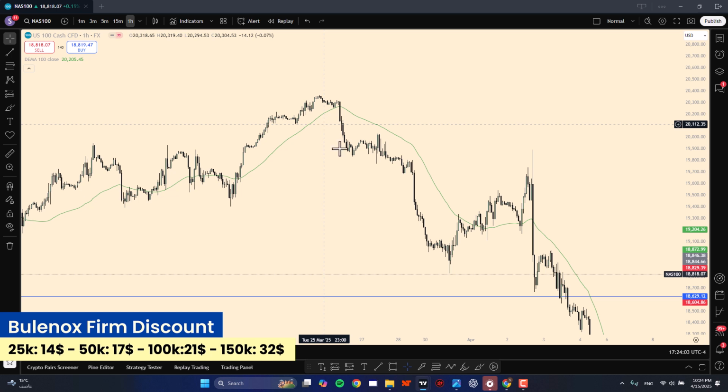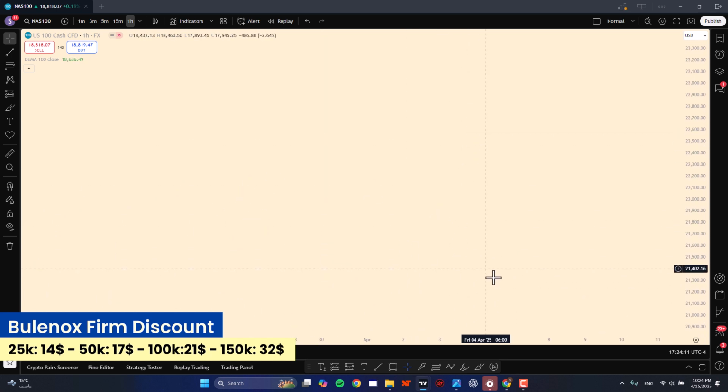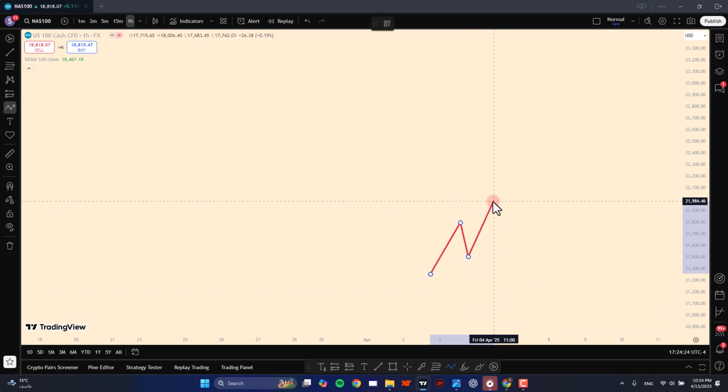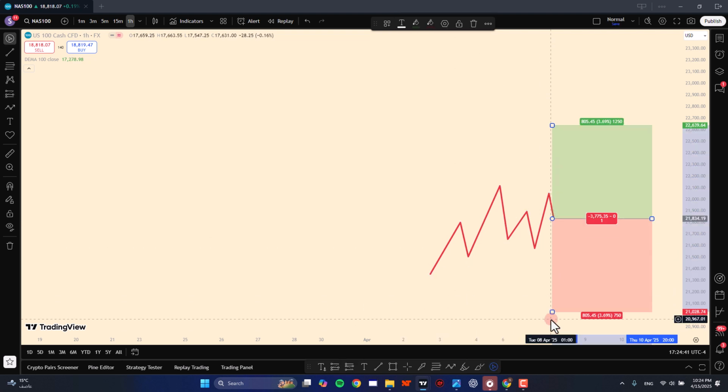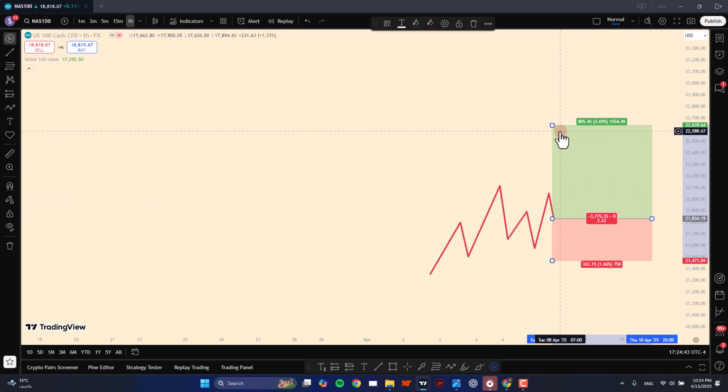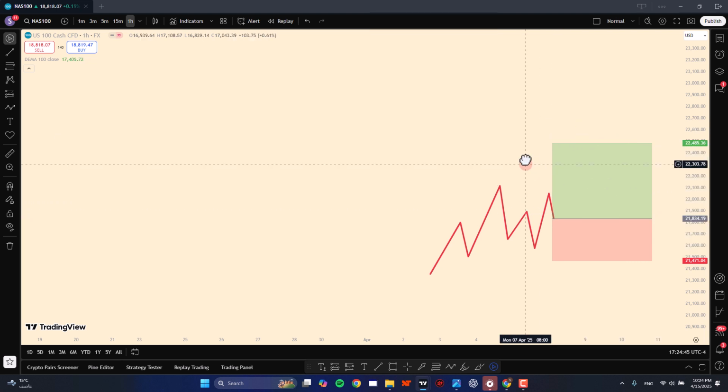What does that mean? Suppose that on my lower time frame, I see this pattern right here, something like this. This is my entry time frame, right? Meaning I can take a trade here, stop loss here or something like that, and I want to take a long from here.